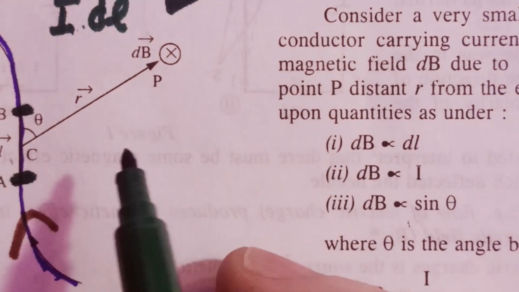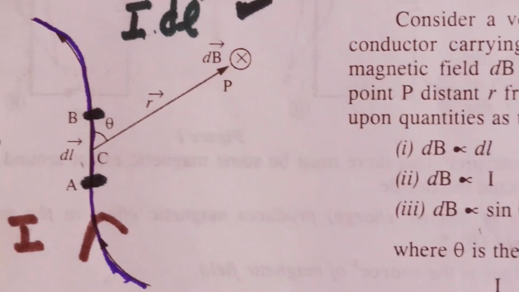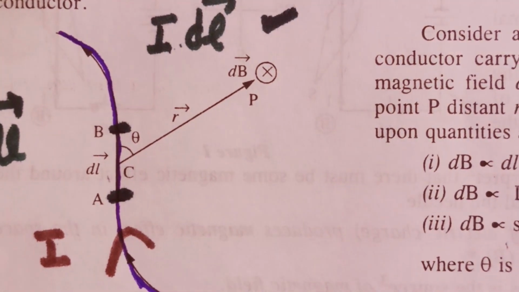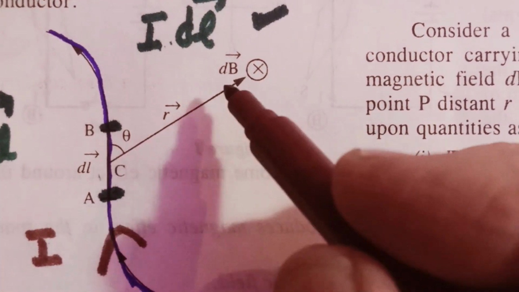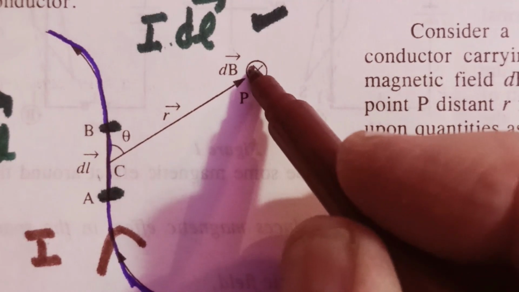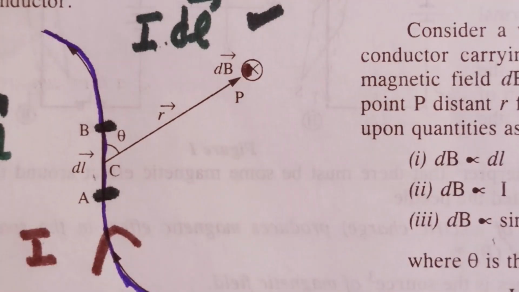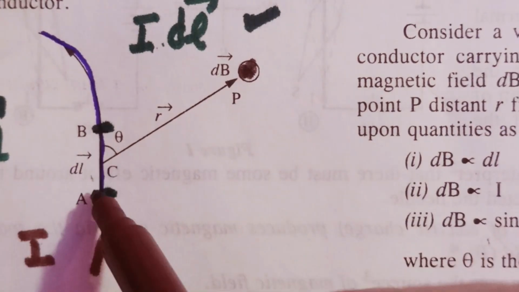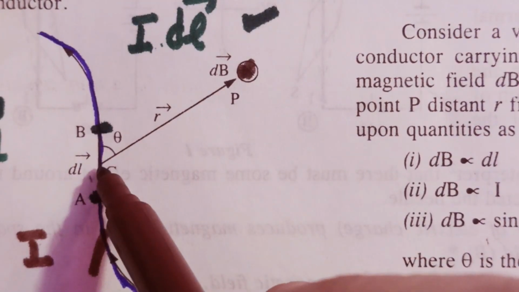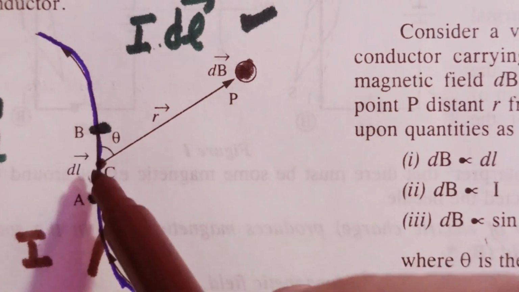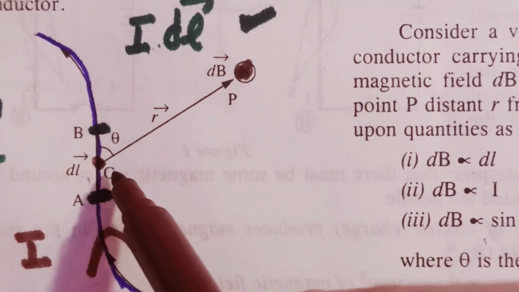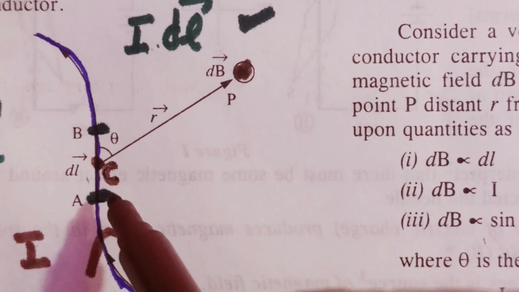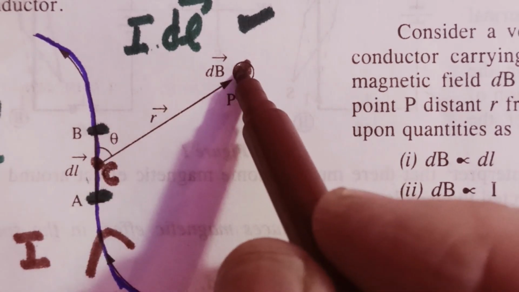Okay. Now our problem is, what is the magnetic field at this point? Now we take the central point of this length element. The central point of the length element is point C, and we are interested in the field at that point.